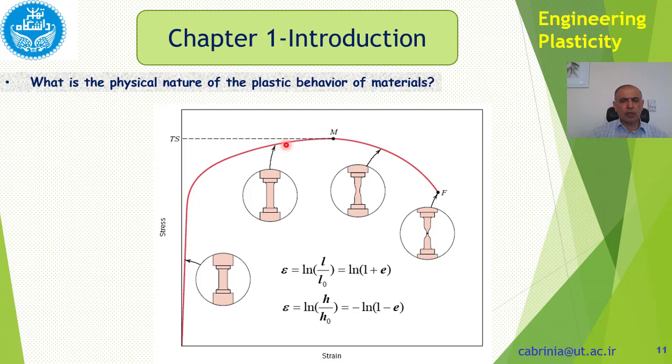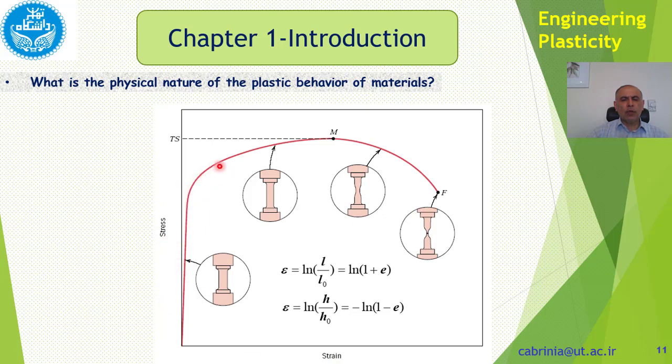After the proportional limit, we see that the behavior of the material is no longer linear, because here is linear. Sigma is equal to E epsilon. That's how we show the behavior in here.